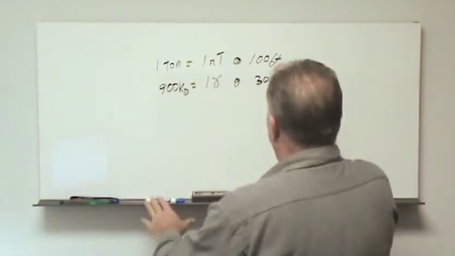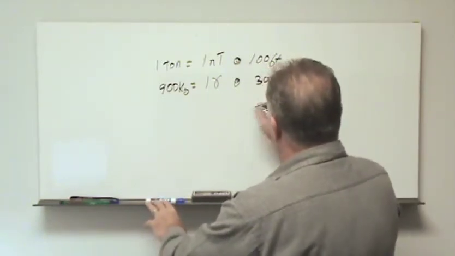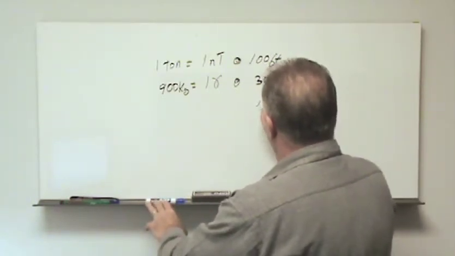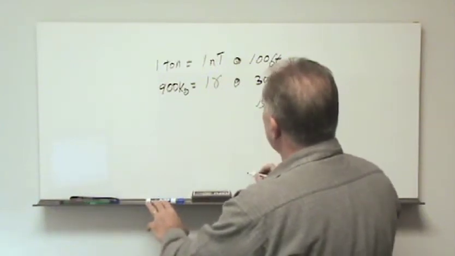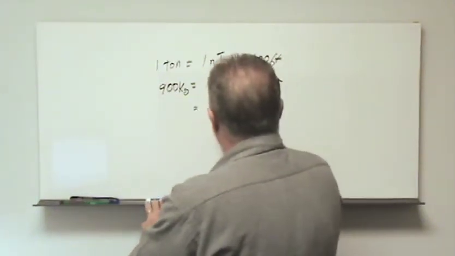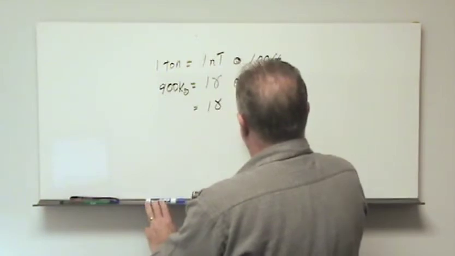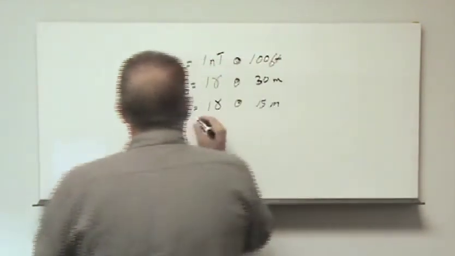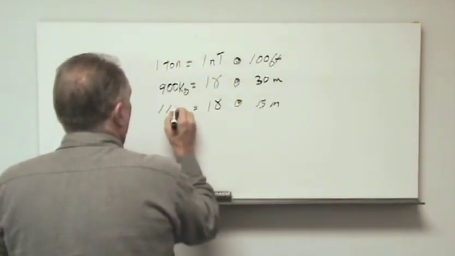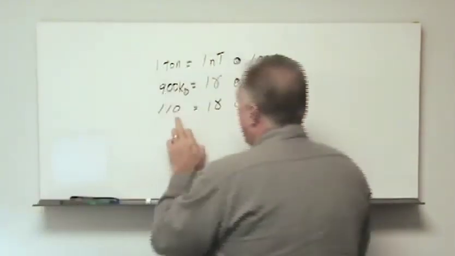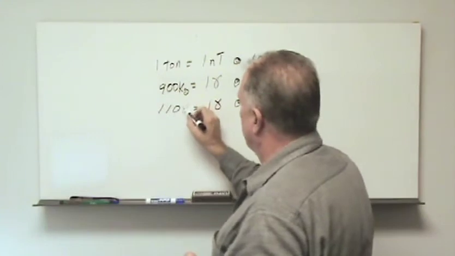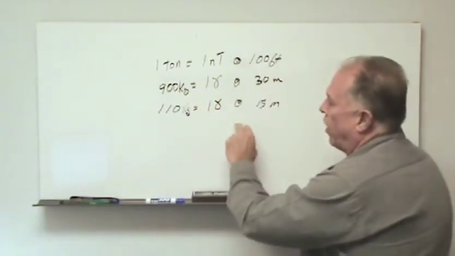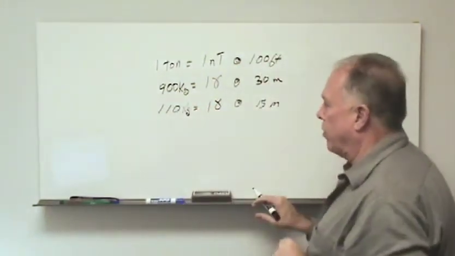And then of course, as we lower the range, in other words, if we went to 15 meters, we would still see the 1 nanotesla or 1 gamma, and the mass would then go down by a factor of 8. So we would see approximately 110 kilograms would give us a 1 nanotesla at 15 meters.